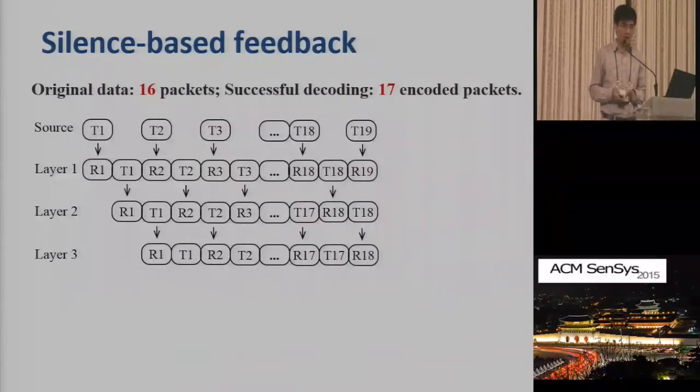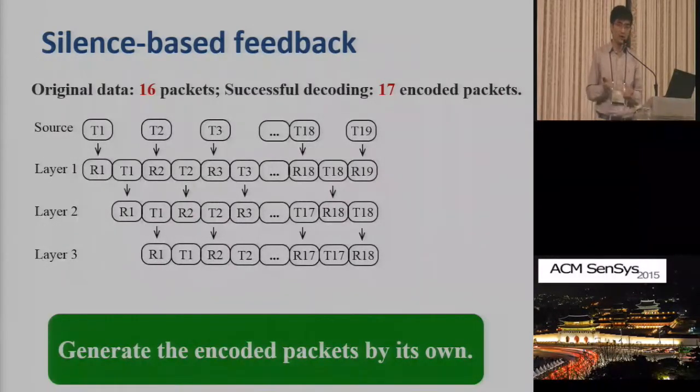Actually, what we found is that instead of receiving packets from the upper layers, the nodes at the first layer can generate the encoded packet by themselves using the recovered original data. So instead of listening to its parents, this node can listen to its children. It can monitor the operations of its children.